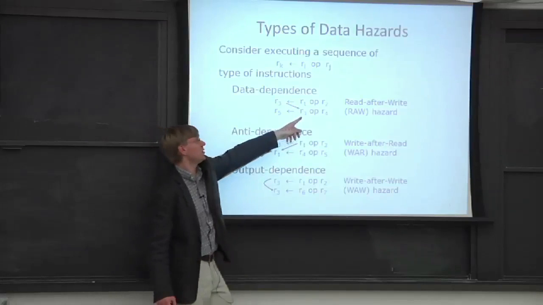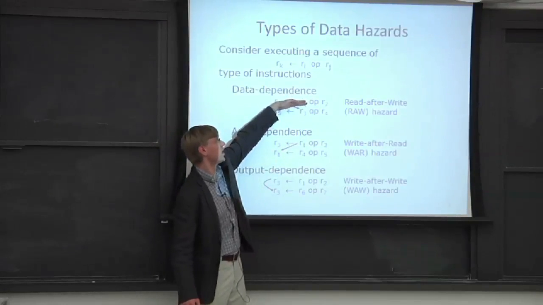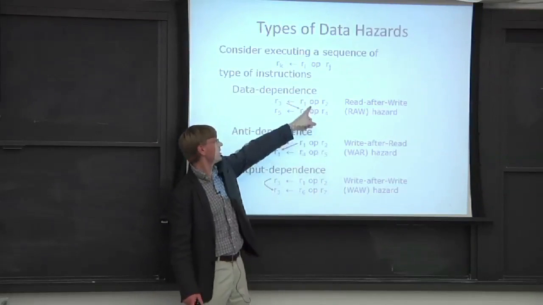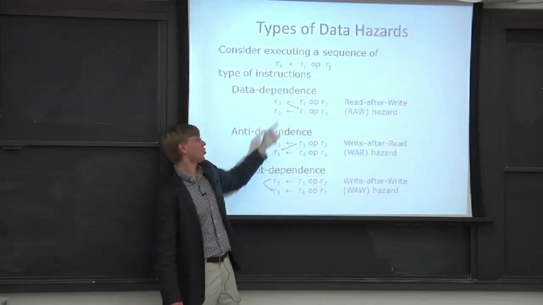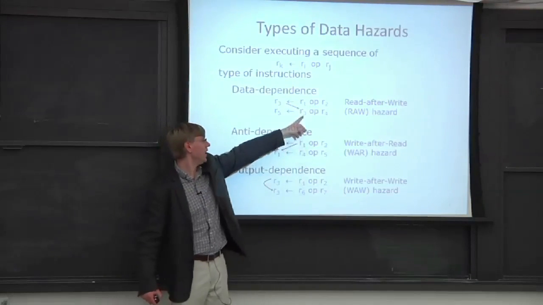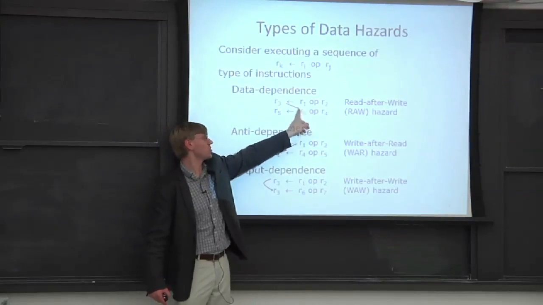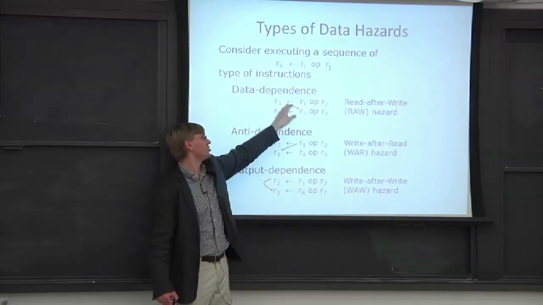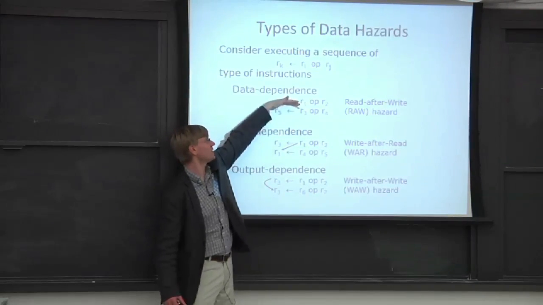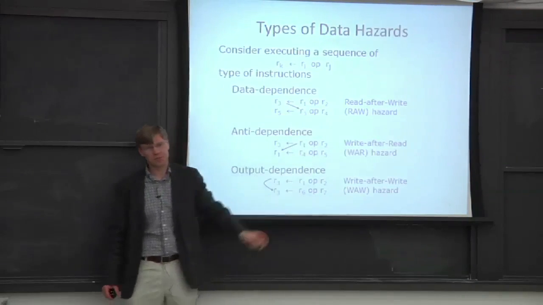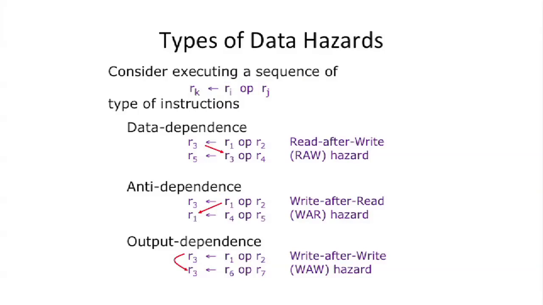In this example, if time goes down, this operation is going to store into register 3, and then this instruction is going to read from R3. You need to make sure that this happens before that, because you need the value here. We talked about this already in our data hazards. This is the most classic data hazard, a read after write hazard.